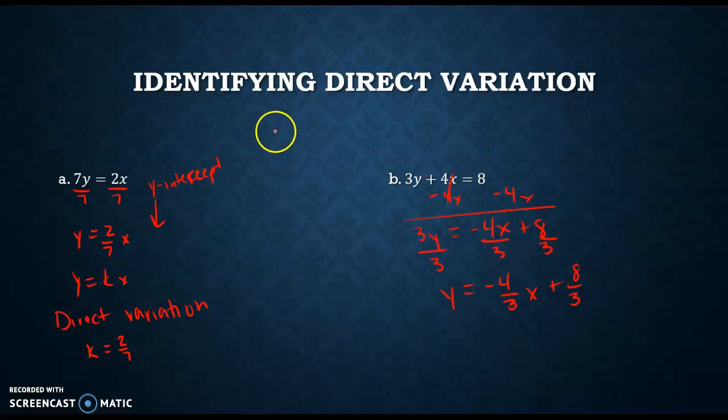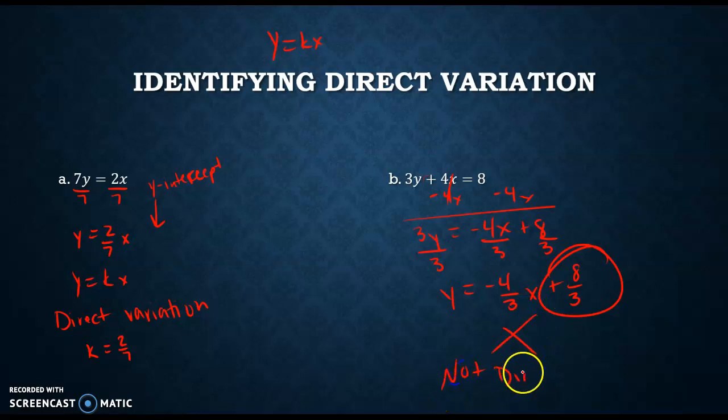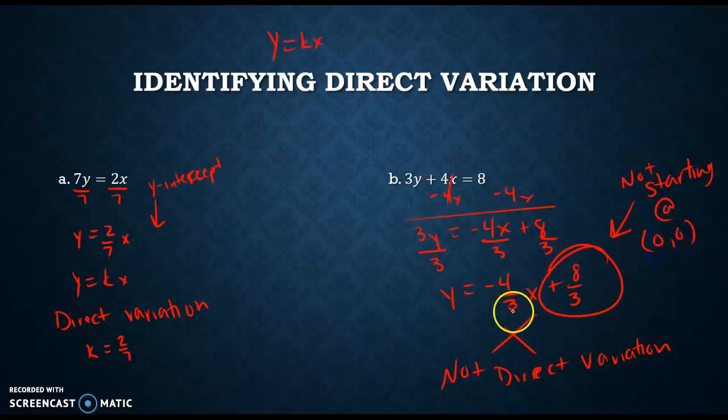Now, if we're looking for y equals kx, this one has a plus, therefore this is not direct variation. And really what this also means, we're not starting at 0, 0. And we'll talk more about that in the next coming lessons.